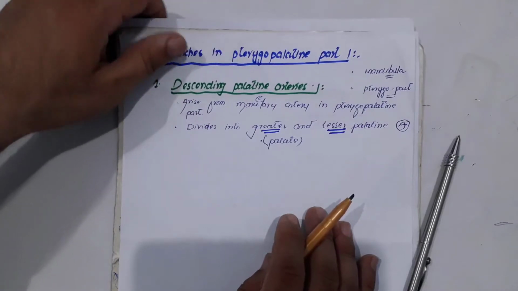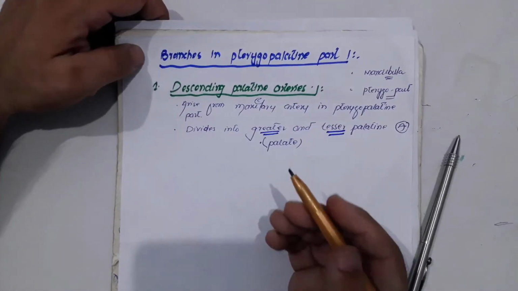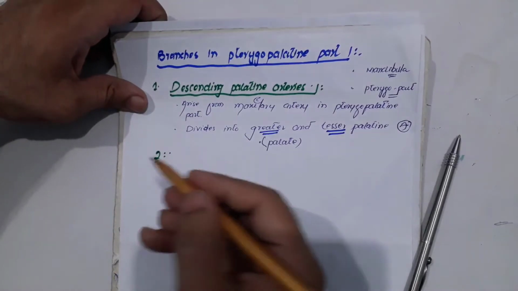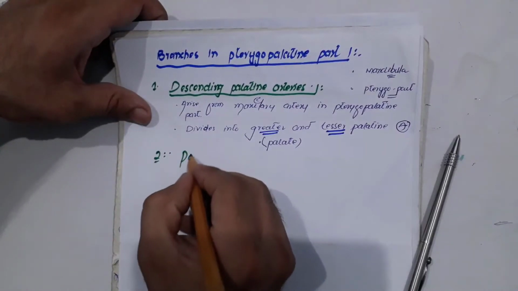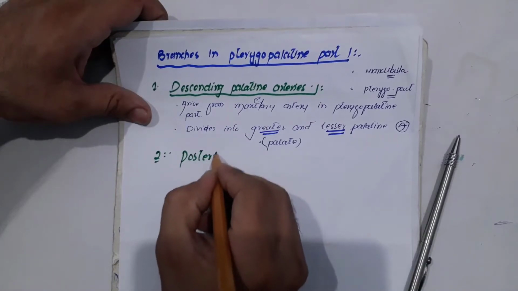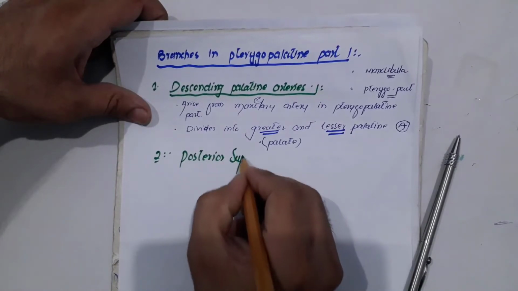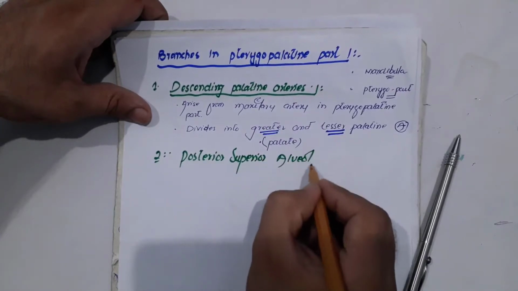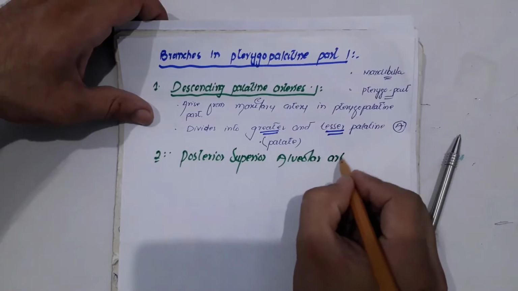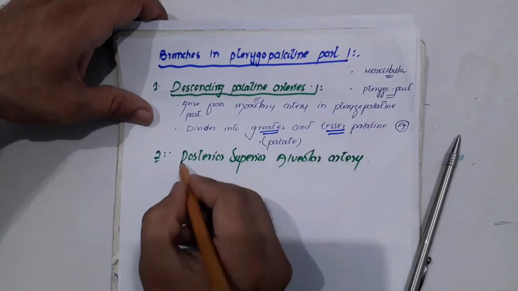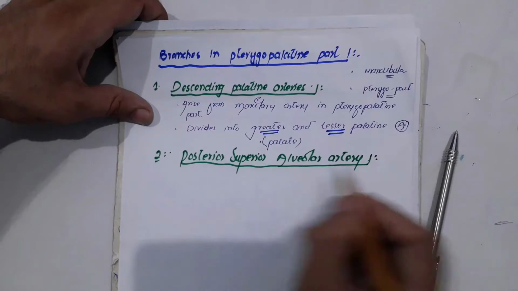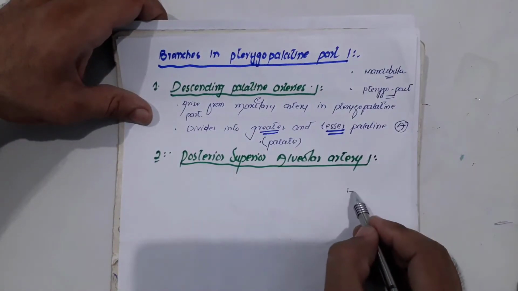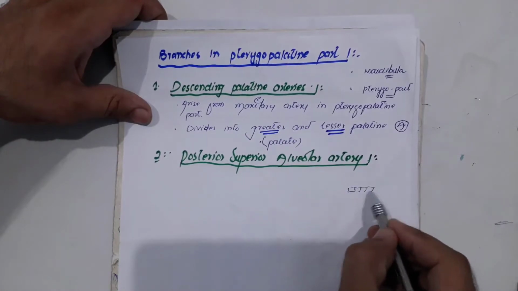The next branch which arises from this maxillary artery in the pterygopalatine part, that is the posterior superior alveolar artery, right? As its name suggests, for example, here we have our upper jaw teeth, right?